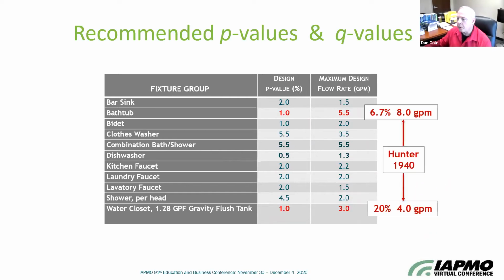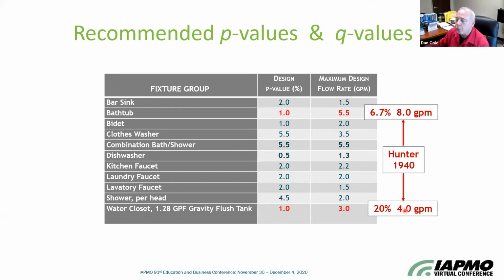And compare the difference with Hunter. Hunter had a probability of fixture use of 6.7% for the bathtub. Residential is only 1%. Hunter used 8 gallons per minute, we have a design flow rate of 5.5 gallons per minute. The toilet, huge difference.